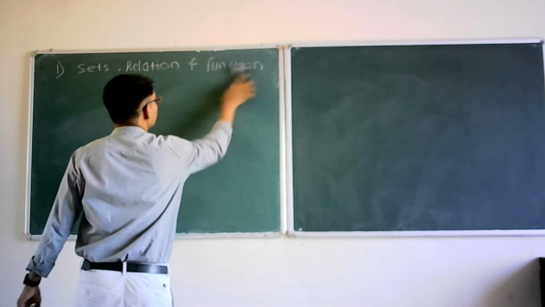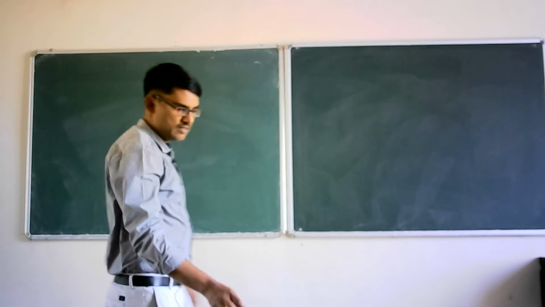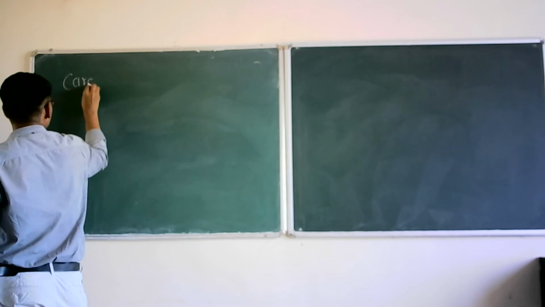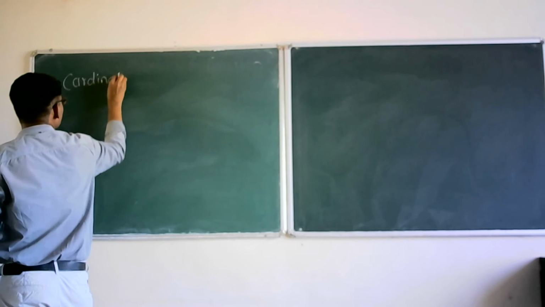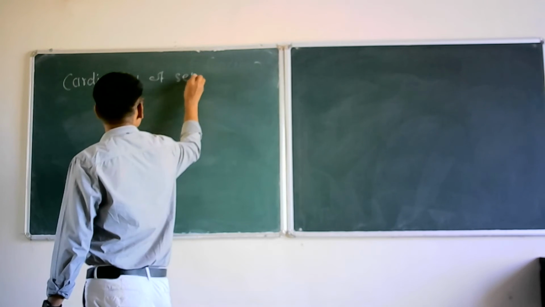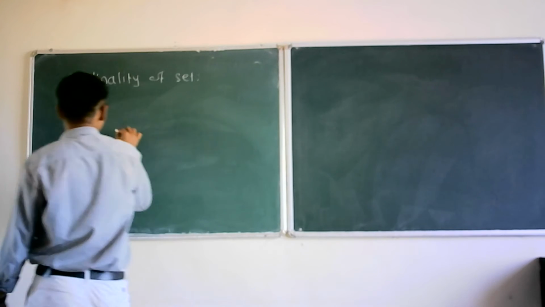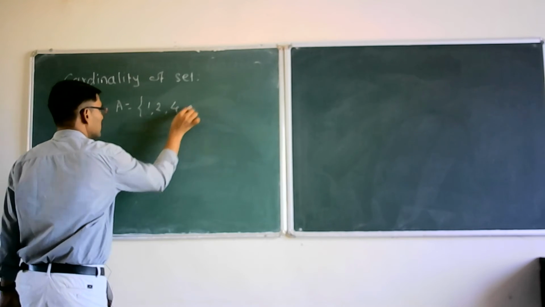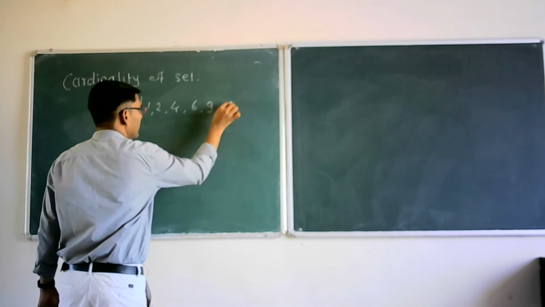Now next, the cardinality of a set. Suppose A is equal to 1, 2, 4, 6, 9, 11.